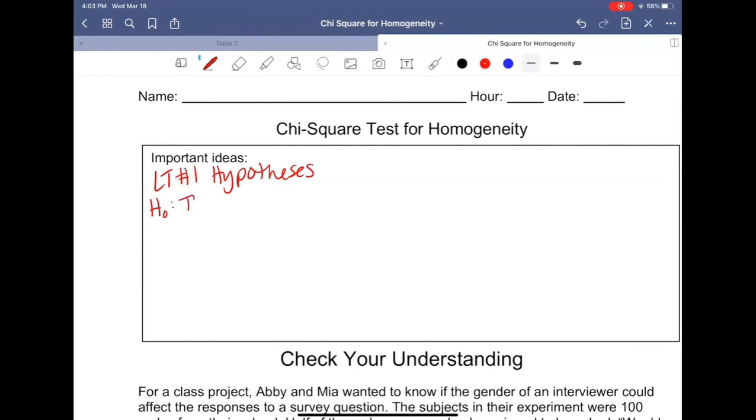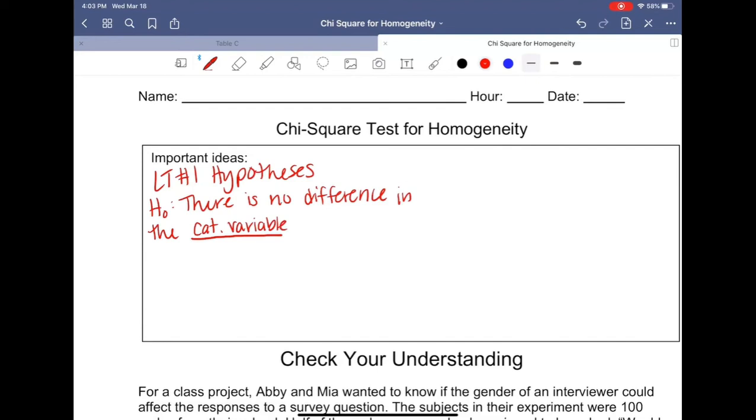A generic hypothesis that you can do with a chi-square test for homogeneity is that there is no difference in the, and then it's whatever variable we're talking about. It is going to be a categorical variable, like with us, it was gummy bear color.